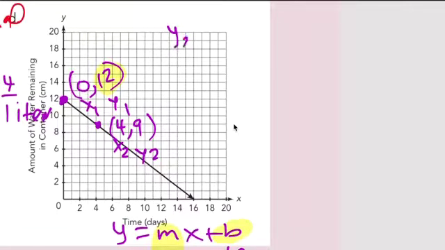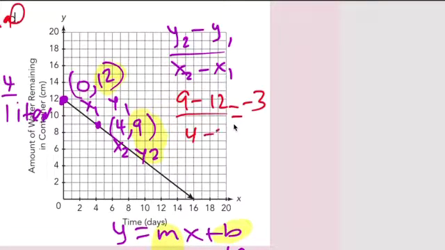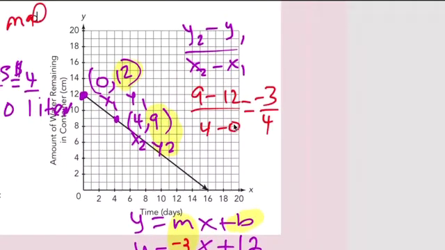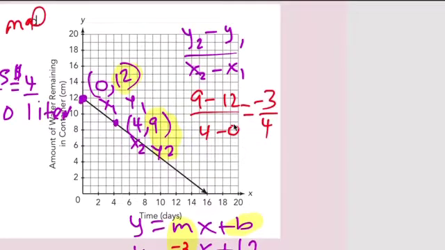So y sub 2 minus y sub 1 over x sub 2 minus x sub 1. So you get 9 minus 12, negative 3 over 4 minus 0, over 4. Can't be reduced, so it's down 3 centimeters of water for every 4 days.